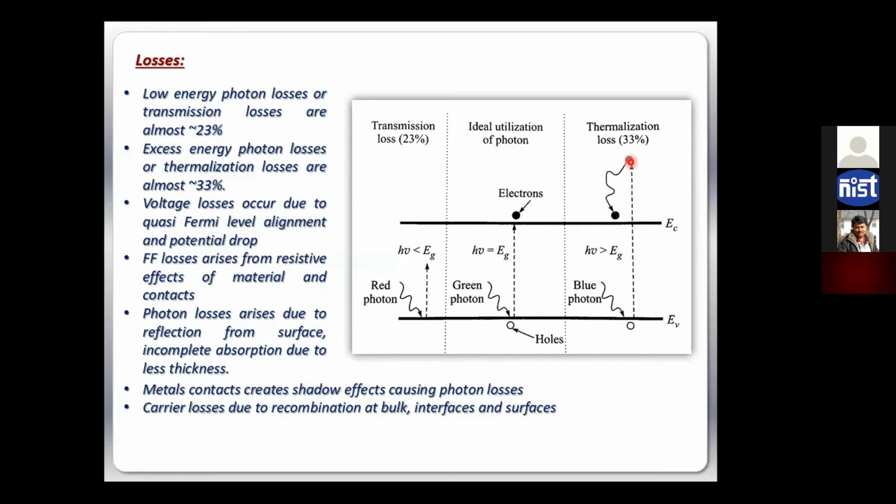Now, they will create electrons with higher energy, and those electrons will release their energy and come back to EC. But this amount of released energy will be just a thermal loss that cannot be utilized for producing electricity, right? And unfortunately, that loss is again 33%. So 23% of transmission loss, 33% of thermal loss, that belongs to 56% of loss, right?